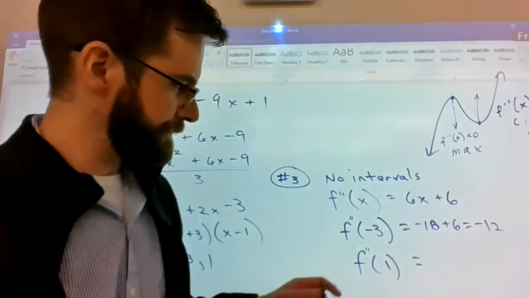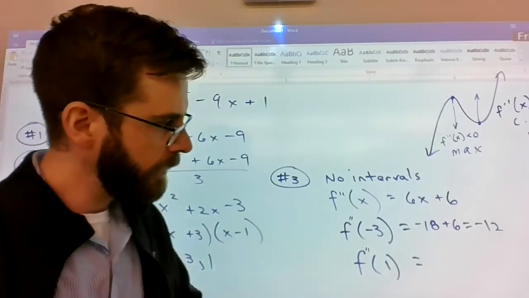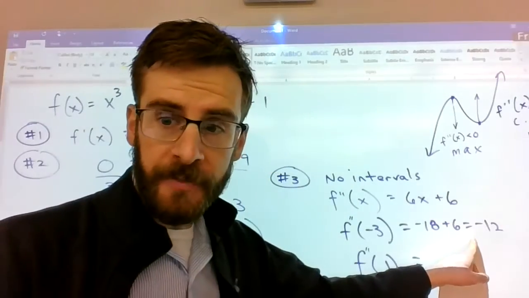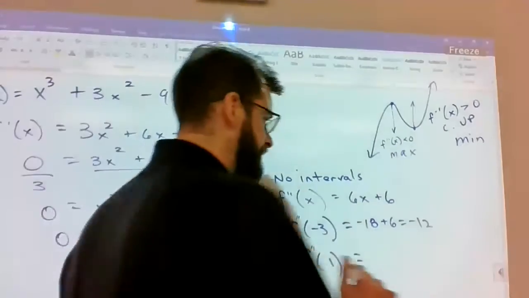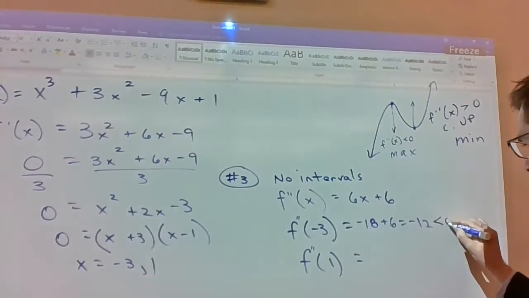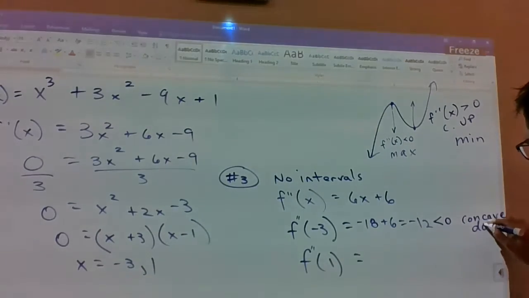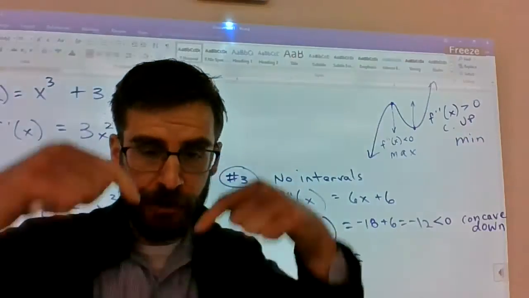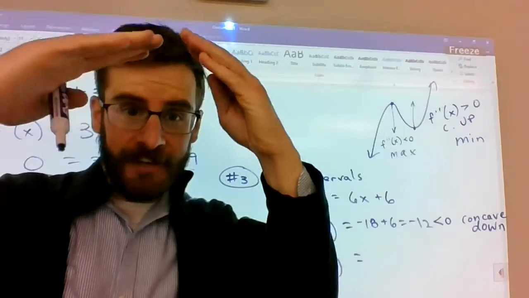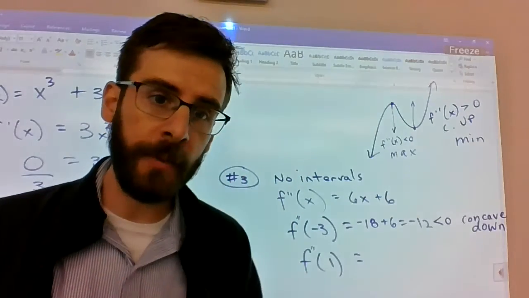So we're plugging it into the second derivative, which means getting a number that's negative indicates that it's concave down. If it's less than 0, it's concave down. Concave down forces you downward, which means you have to have a peak in order to force something downward. And that's why we have a max.